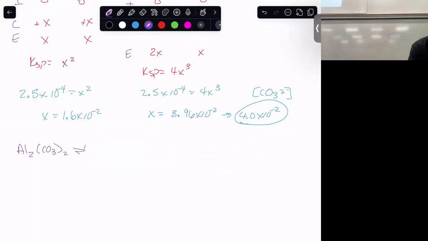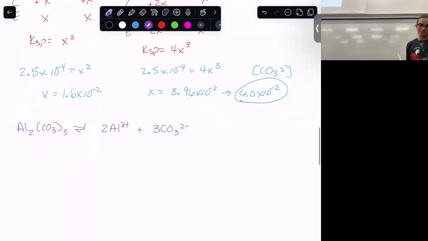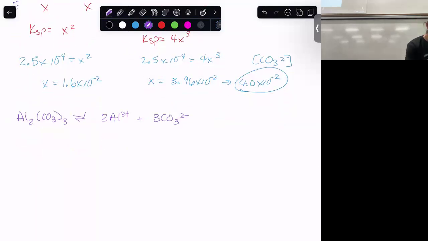So if this breaks up, now this breaks up into 2 aluminum 3+ and 3 CO3 2-. So now this gets even funkier, right? If we do the ice table, where this is 0, this is plus 2x, this is plus 3x. Now this becomes 2x and 3x.